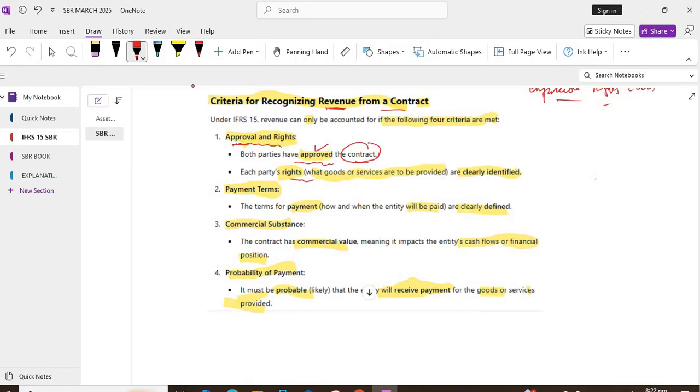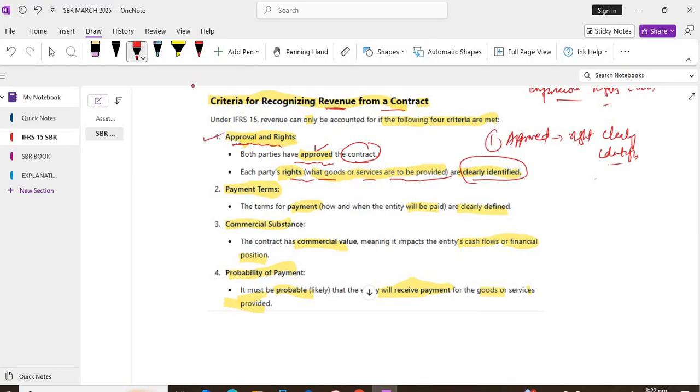So each party's rights, and what goods and services are to be provided, are clearly identified. So the contract is approved, plus the rights are clearly identified, and then the first criterion is met.